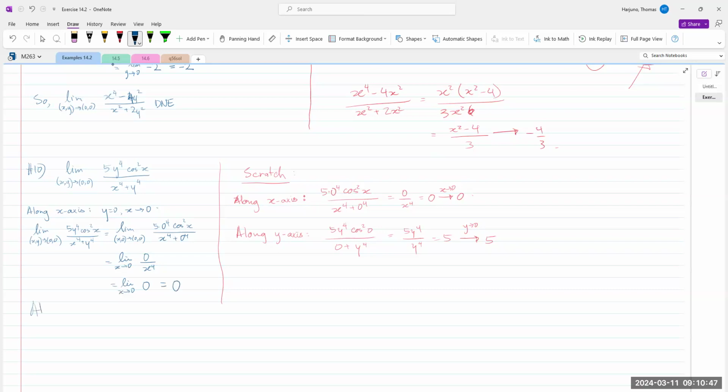Now, along the y-axis, we have x set to be 0, but y is approaching 0.